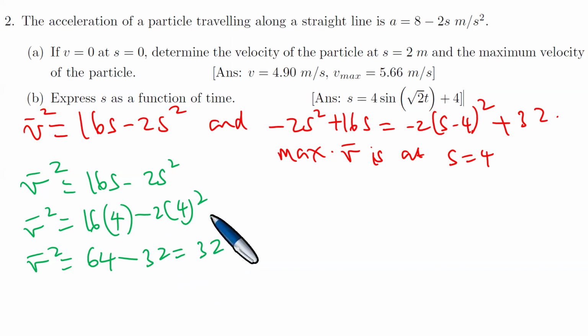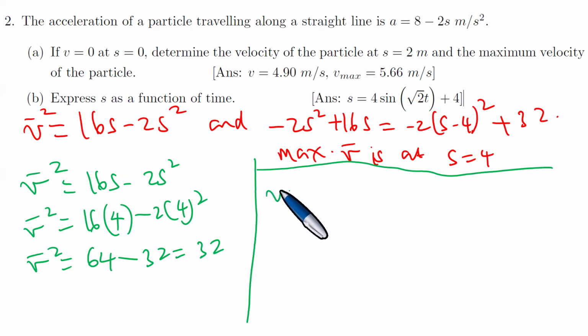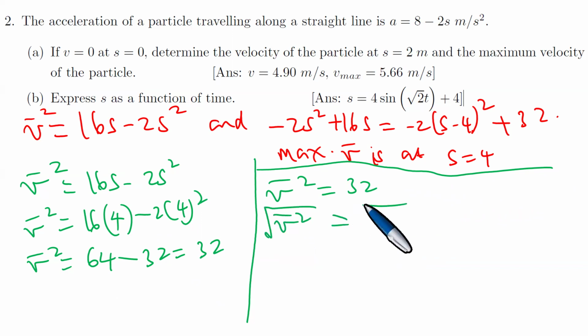Let's take a look at this. What are we saying here? We're effectively saying the square of the velocity is 32, which means v is the square root of 32.